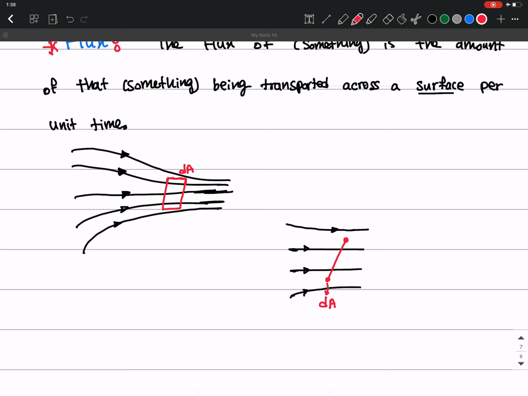What I'm going to define is what we call the normal vector, the vector that is normal to that surface. To calculate how much of that something is being transported across this surface.